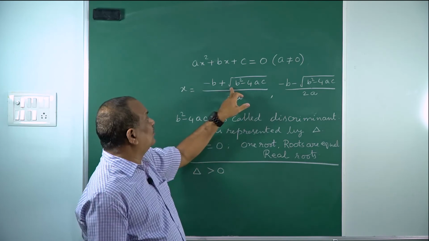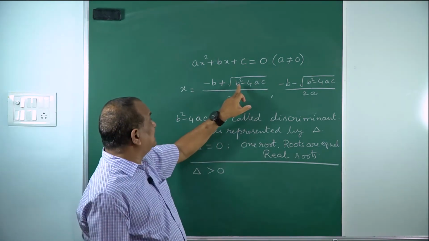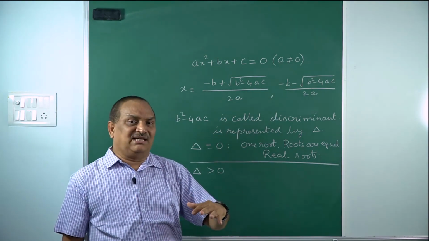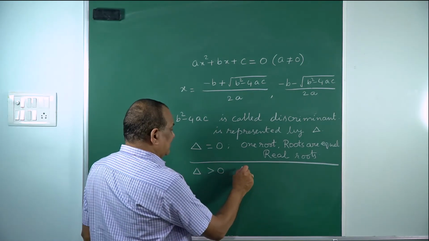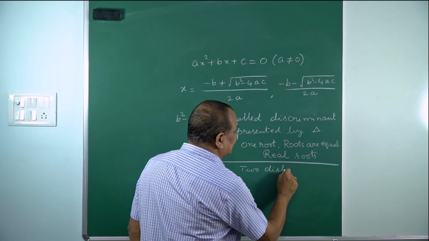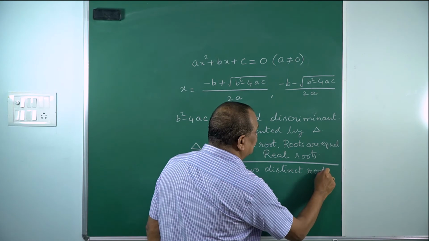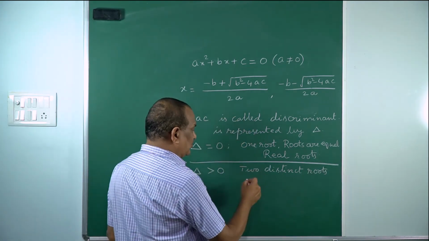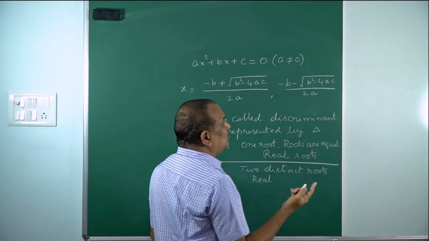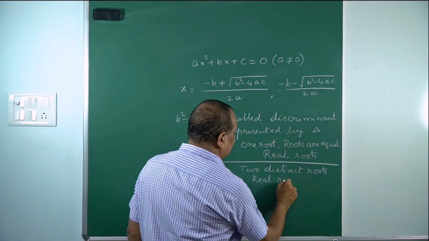For example, inside you have a positive integer 25, so this will be plus 5 and this will be minus 5. So there are two different roots actually. So I write here, you are likely to get two roots, but they are distinct. So you get two distinct roots, two separate roots. Of course, they are real, because the root over a positive integer is no problem, it's a real number. Okay, they are real roots.